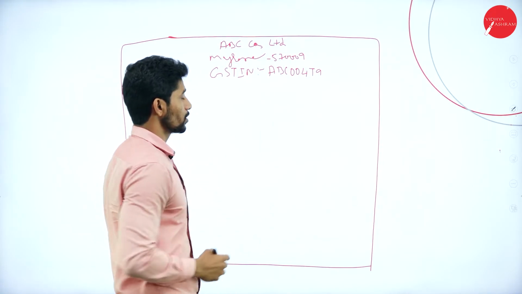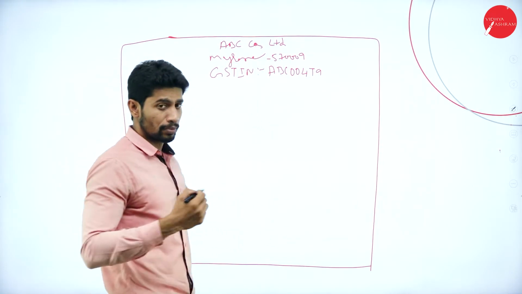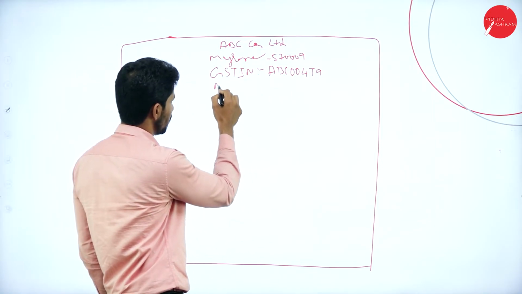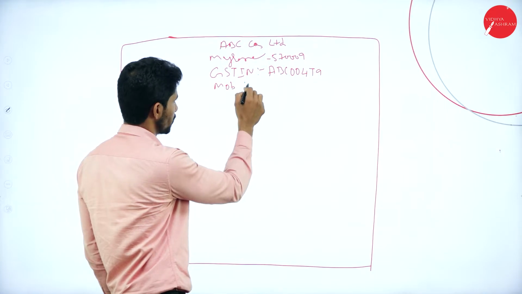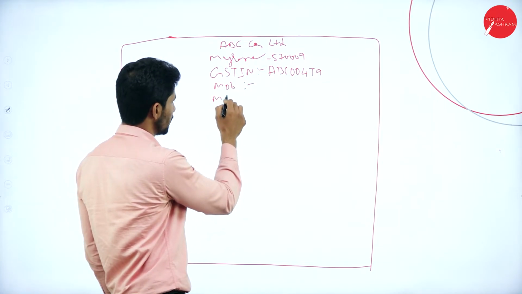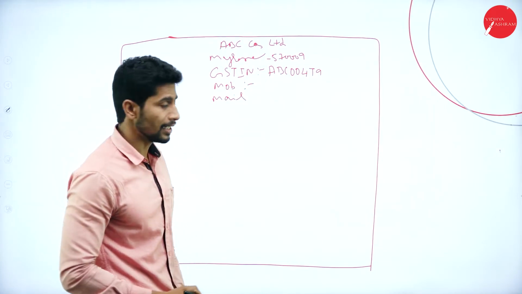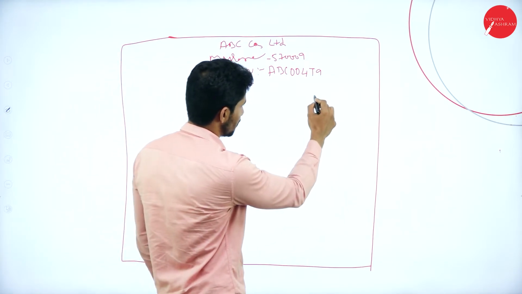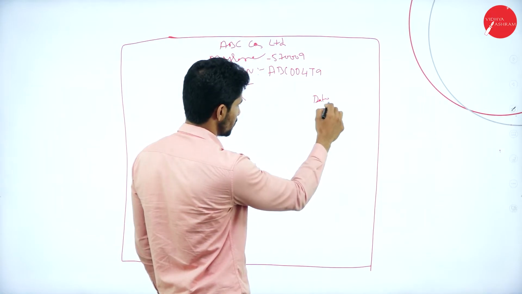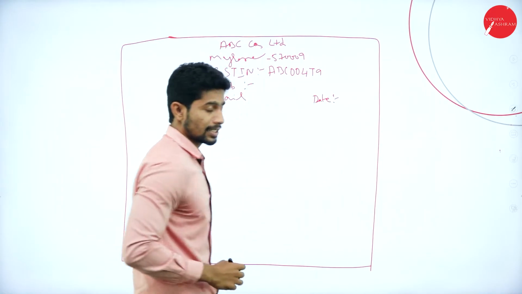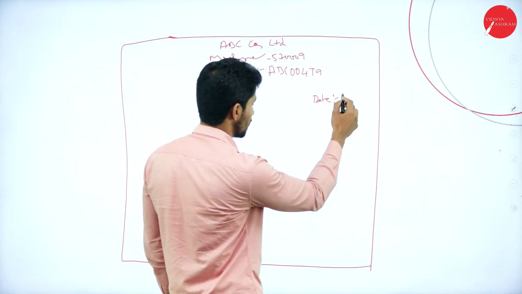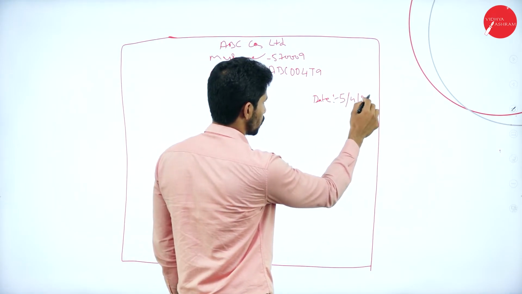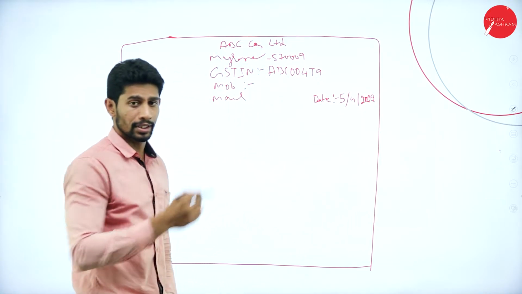If they want, they can mention the company phone number, mobile number, and company mail ID. Next, they have to mention the date on the right side, on what date they are supplying the goods. Let us say 5th April 2022.